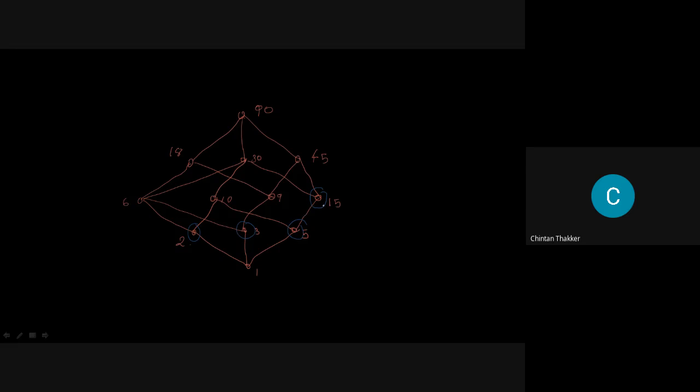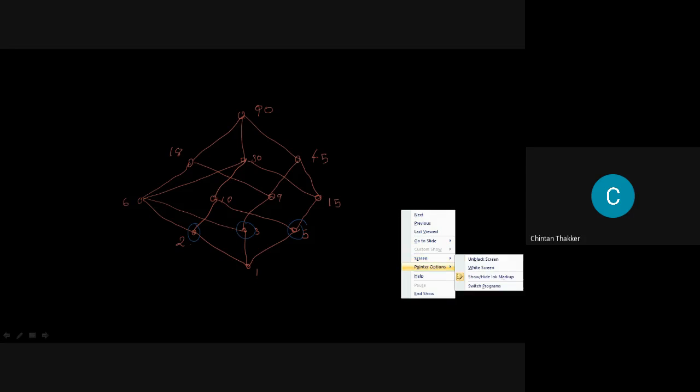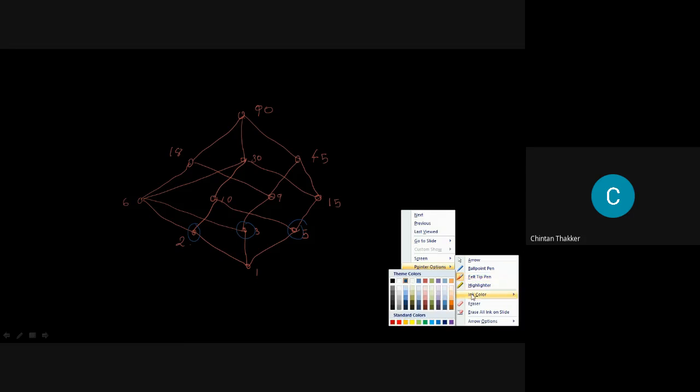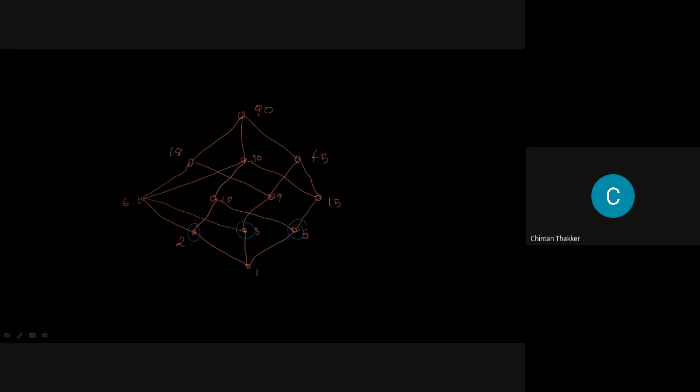Sorry, not 15, mistake here, because 3 has a cover 15, so 15 is not there.